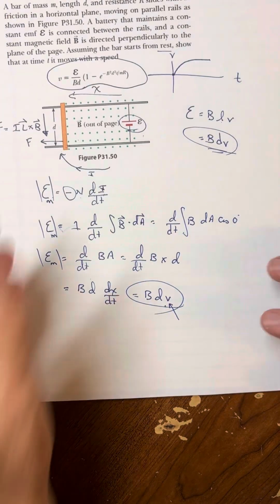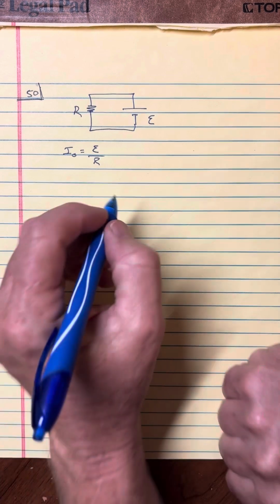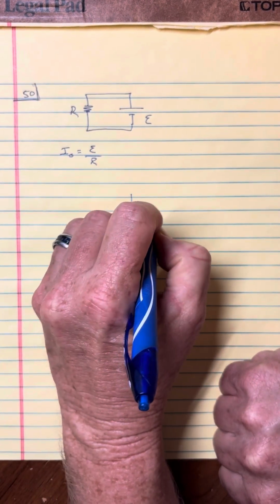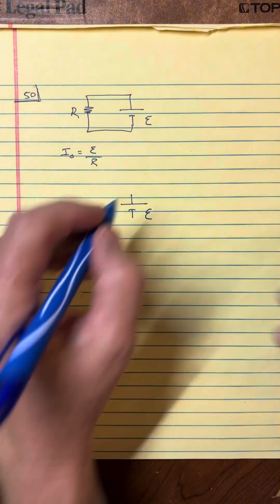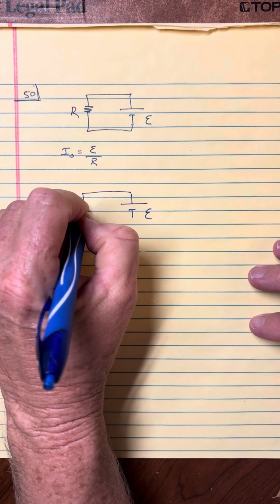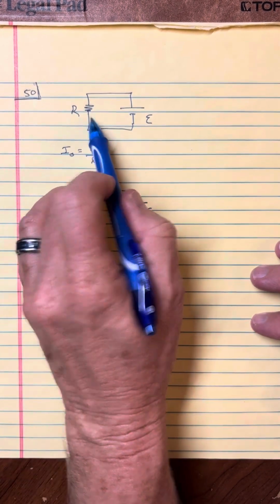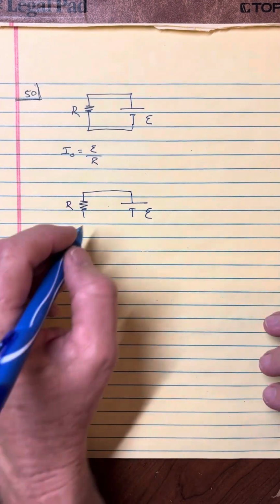So it's not a surprise then that after we analyze all of this, we can now think of it as this type of circuit. We have the EMF from the battery itself, the charges. We then have the resistor from the resistance of this bar itself.